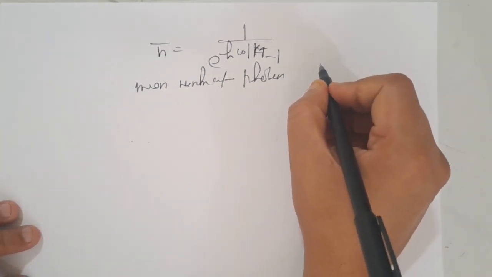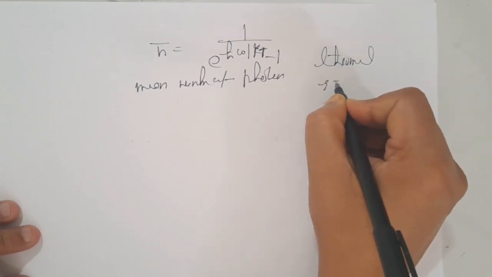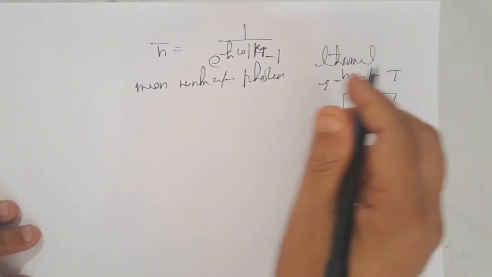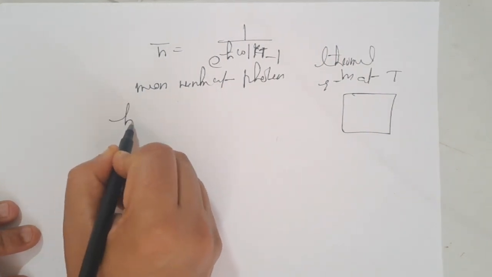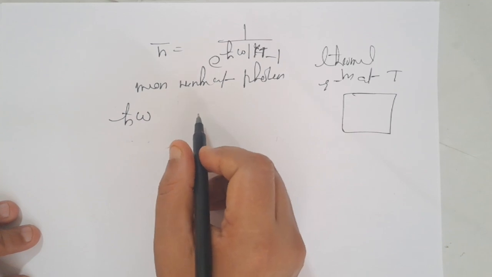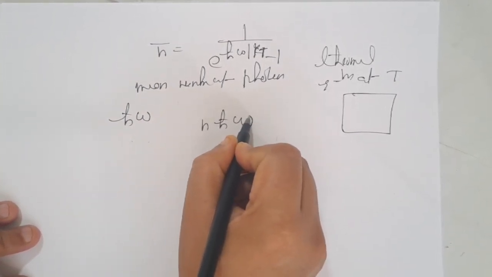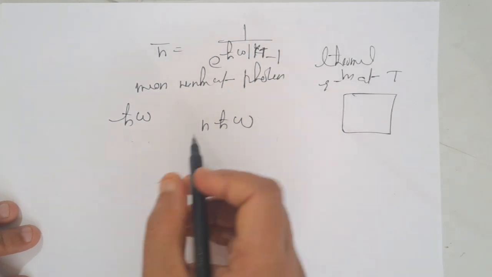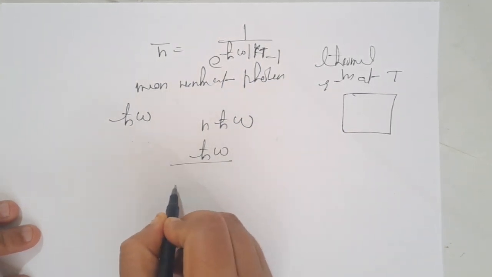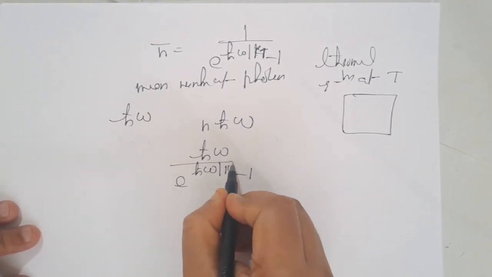This photon gas is at thermal equilibrium at temperature T in the box. Now each photon has energy h bar omega, so the total energy is h bar omega divided by (e to the power h bar omega by kT minus 1).